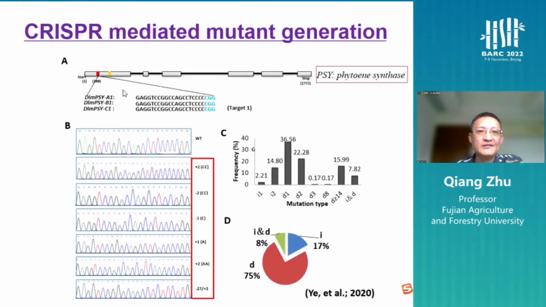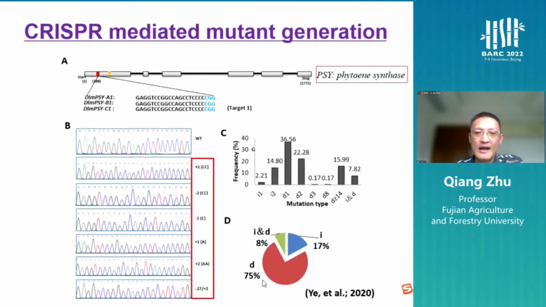Each gene has 3 pairs of homologous genes. First, we design sgRNA targeting all 3 copies, and get the transgenic lines. By sequencing, we found the transgenic lines have different mutation types in the targeted region.